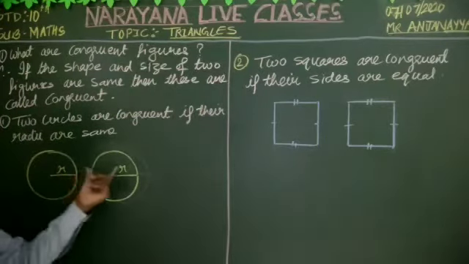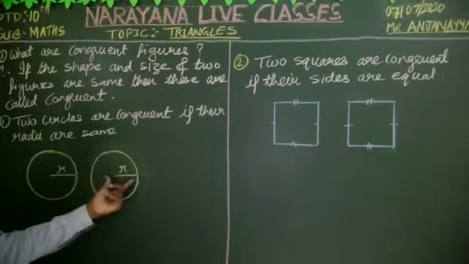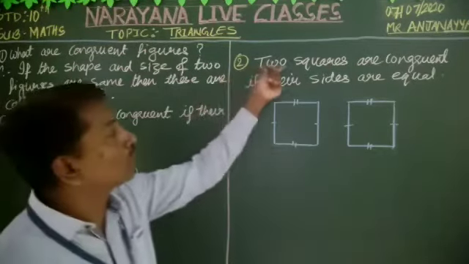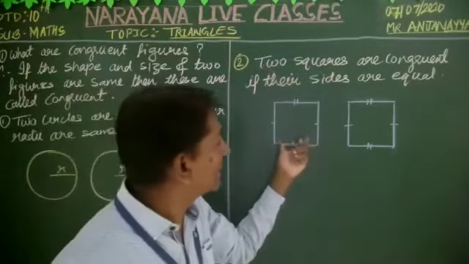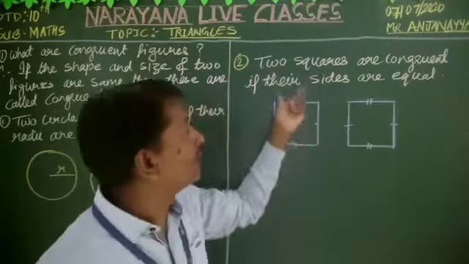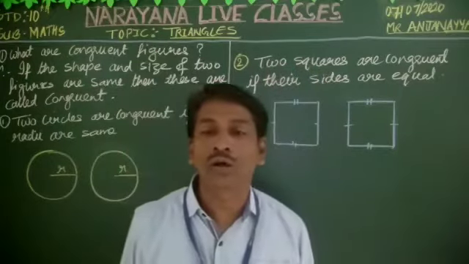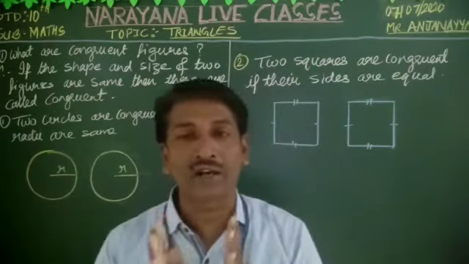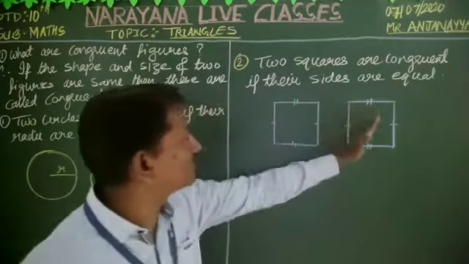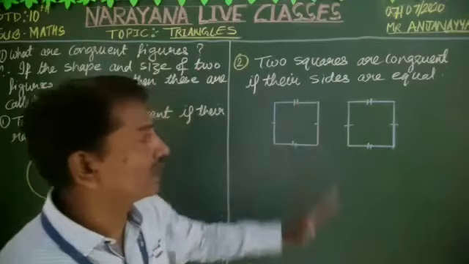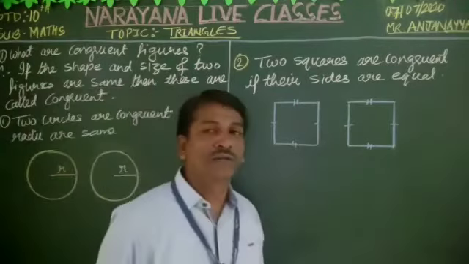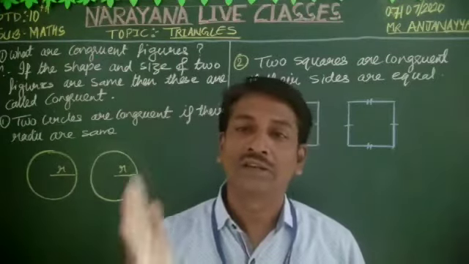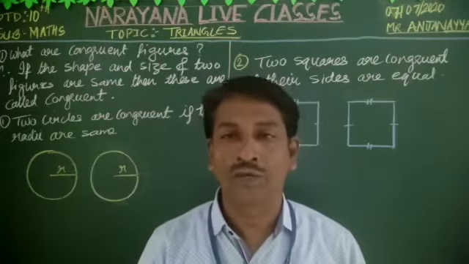Two circles are congruent if their radii are the same, and two squares are congruent if their sides are equal. If sides are equal, the figures are congruent.